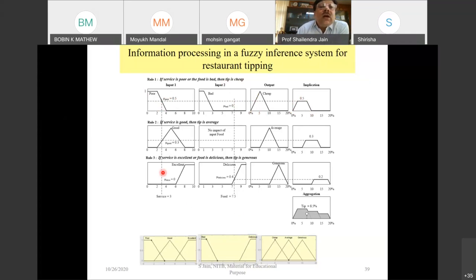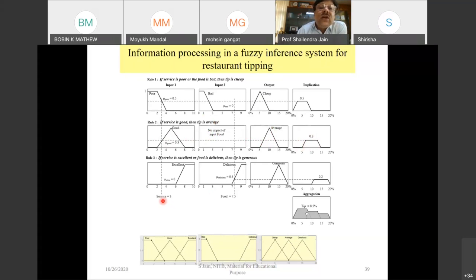Similarly, for rule 2, if service is good, then tip is average. Service has an intersection with good at 0.3. There are no components in the second input part, and this is the average output. So average truncated at 0.3 is the second output.